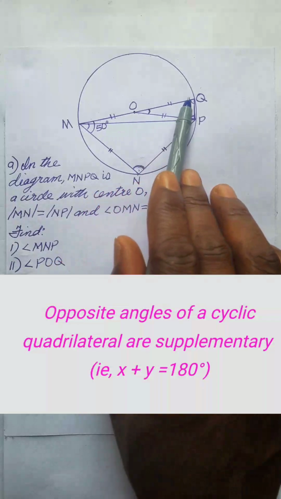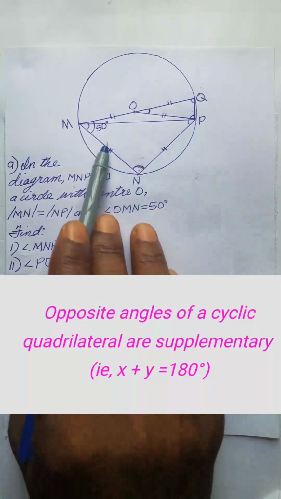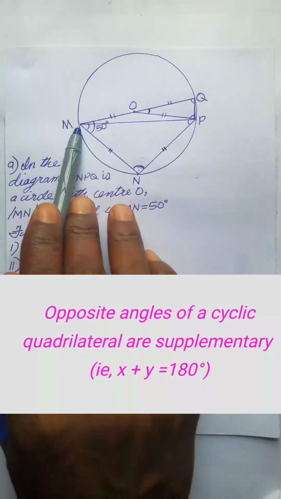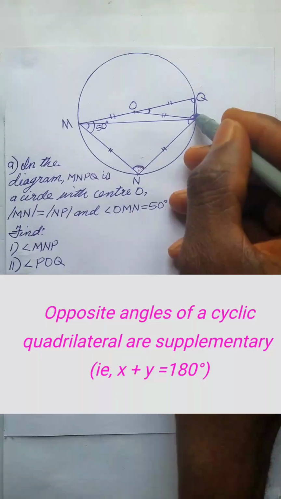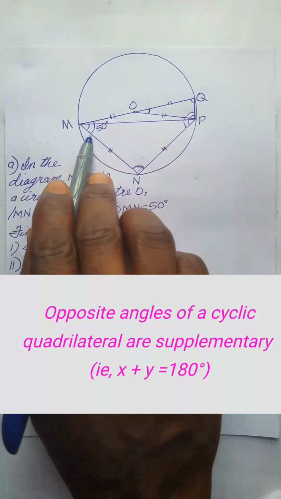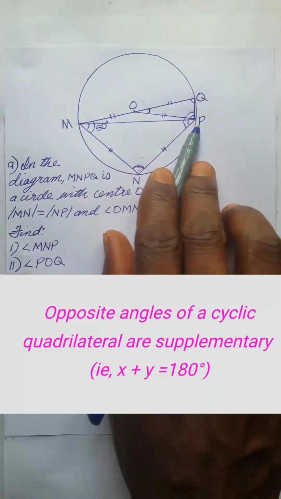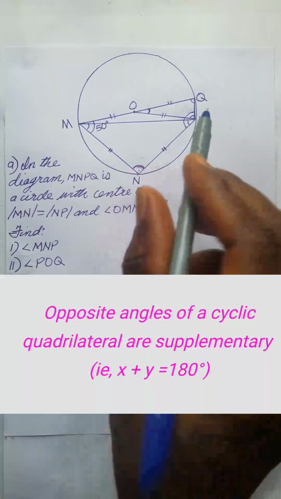So this is your cyclic quadrilateral. Please be very careful. Students have made that mistake. So it means that this angle, if added to 50, is going to give me 180 degrees. They are supplementary.